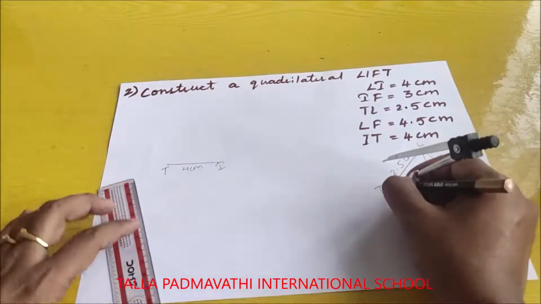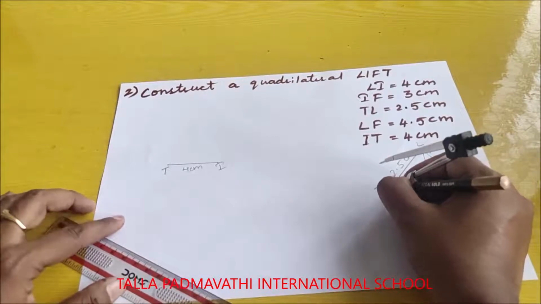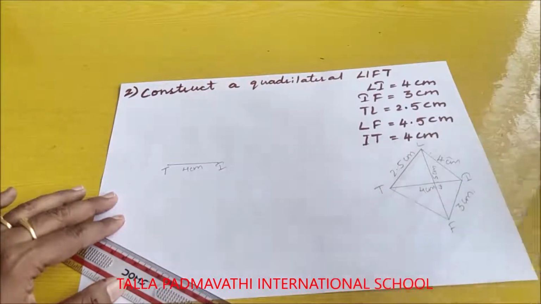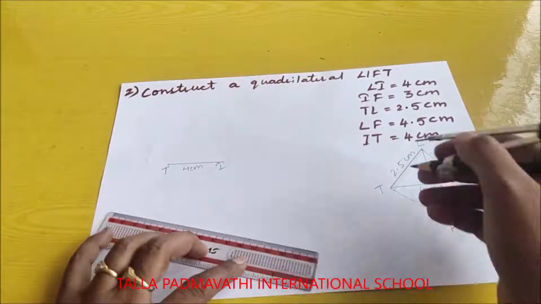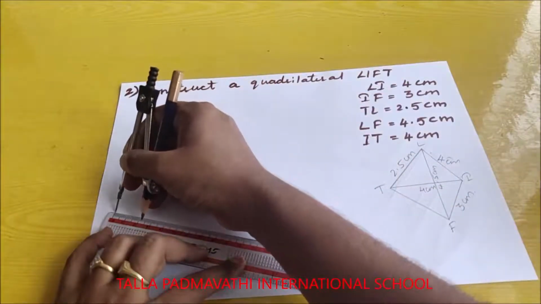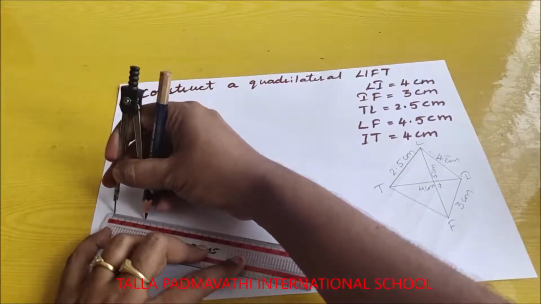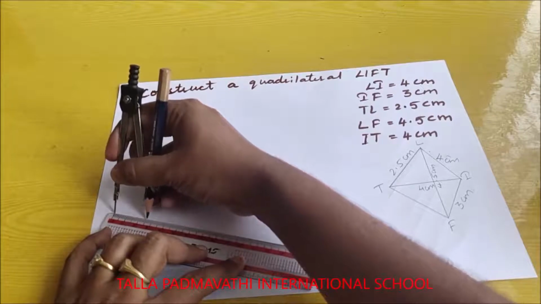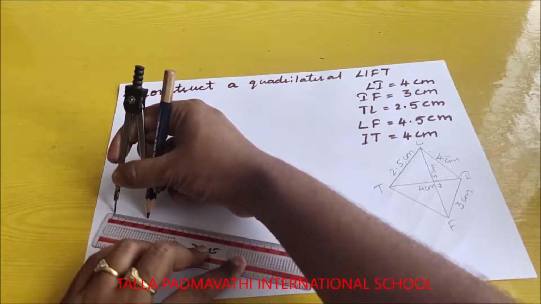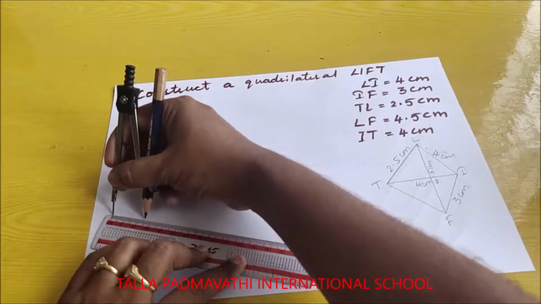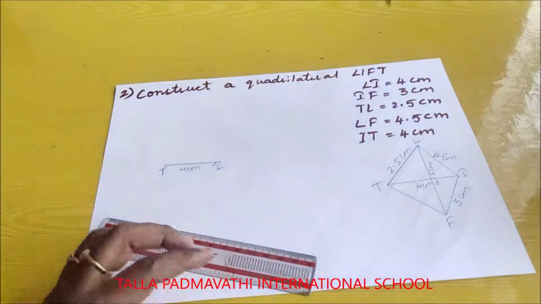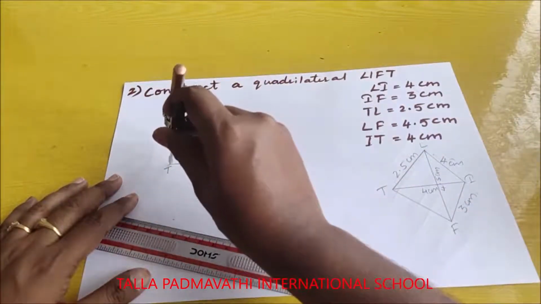Now with T as center and radius 2.5 centimeters, draw an arc. So children, we need to take 2.5 centimeters as radius. See, this is 2.5 centimeters radius and we are going to draw an arc with center T.